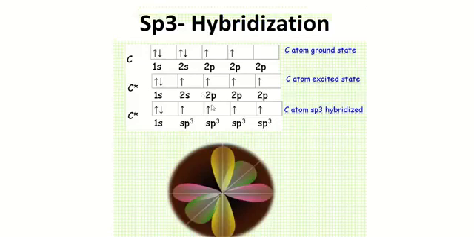So in the last stage, the process of hybridization takes place in which one s orbital and 3 p orbitals of the carbon atom will mix to each other and form four new sp3 hybridized orbitals of same shape and same energy.